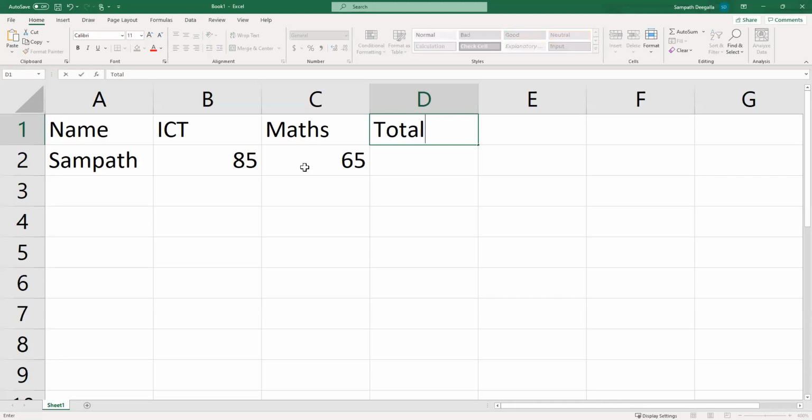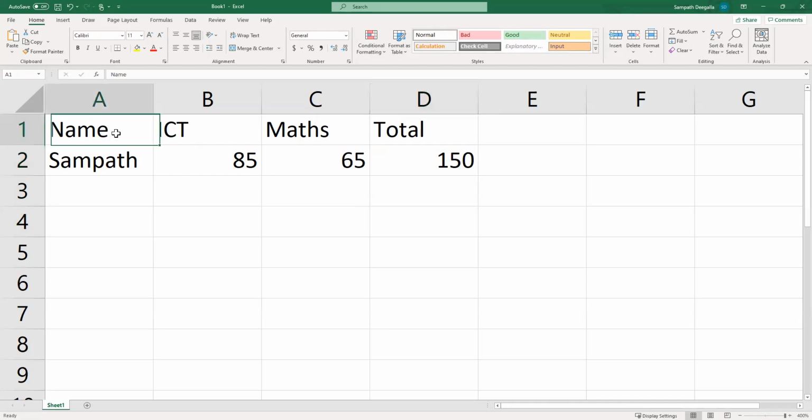Then you can have equations, starting with equal, the formulas as we sometimes say. Let's say we want to add these numbers, we can simply say 85 plus 65. So you can perform calculations. Remember, we can have 3 data types.